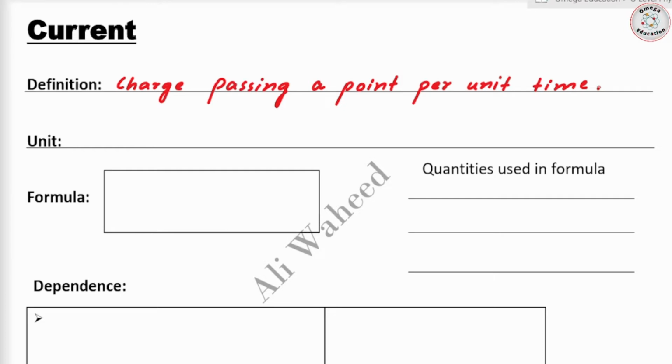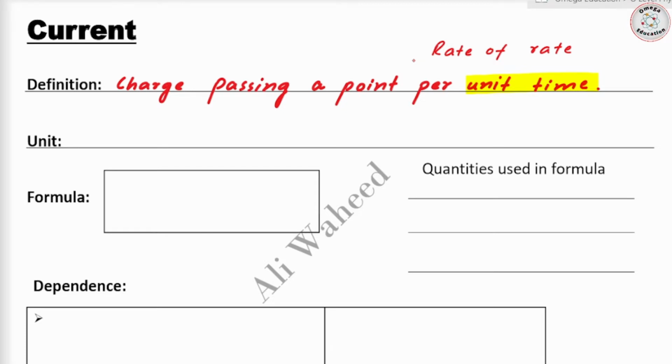Now this same definition can be phrased differently as well. It should be noted that generally in physics, when we say per unit time, that can also be represented as rate of change. So if we use the words rate of change of charge through a point, that would automatically imply charge passing through a point per unit time.